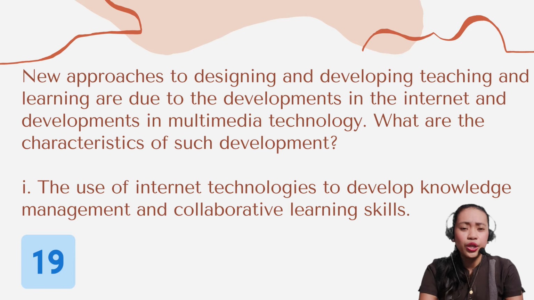Number 19, new approaches to designing and developing teaching and learning are due to the developments in the internet and developments in multimedia technology. What are the characteristics of such development? Number 1, the use of internet technologies to develop knowledge management and collaborative learning skills.